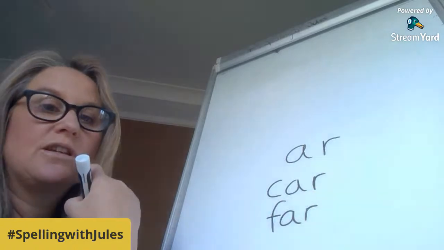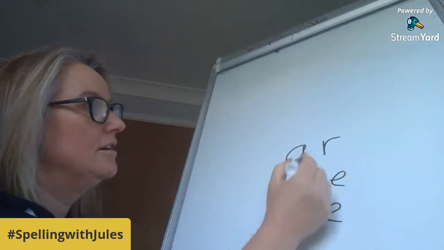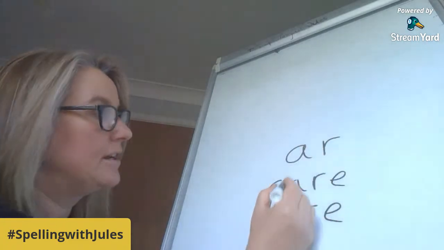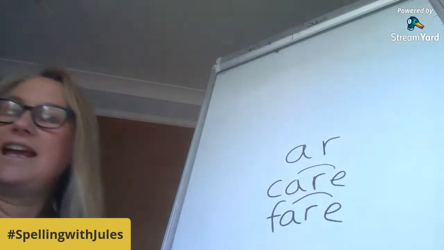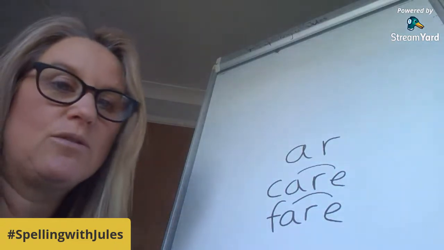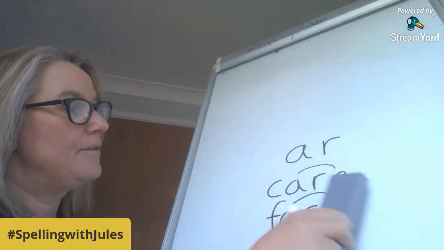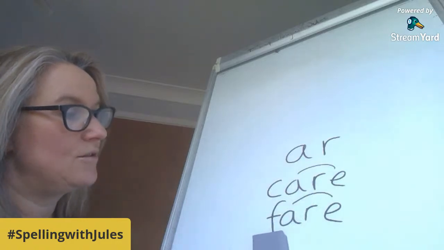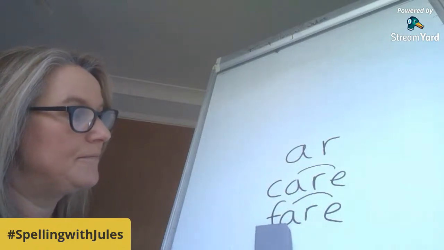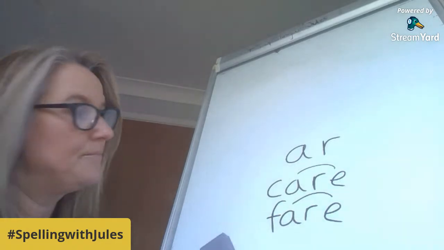And then we also looked at how if you put an E on the end of those, suddenly we haven't got the R sound anymore. It's care and fair. So that E, when you split what we call a digraph, the A and E digraph there, can change the sound of the A here, because that's often R. It was the R sound, wasn't it?